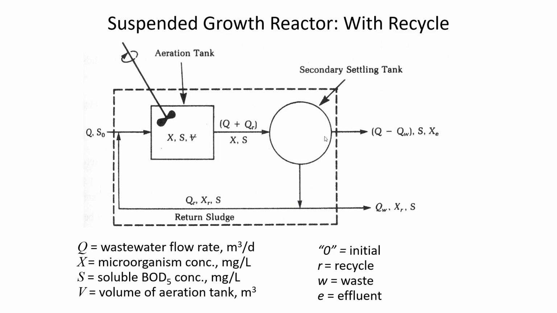So then what comes out of the top of the secondary clarifier is the water component, which hopefully has very low microorganisms. We don't want X, the concentration of microorganisms, to be high in the effluent of the secondary clarifier. We also don't want S, the BOD concentration, to be very high.